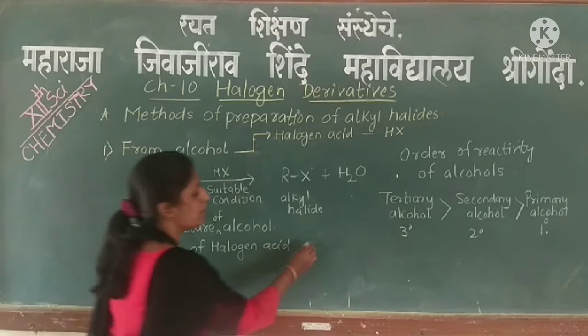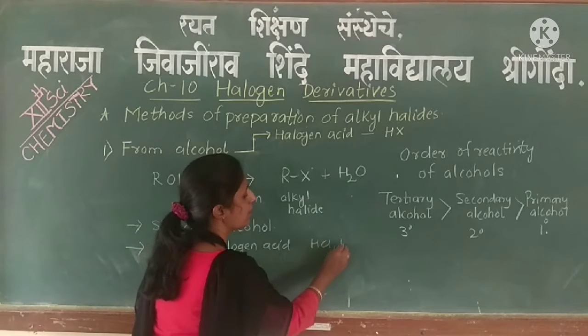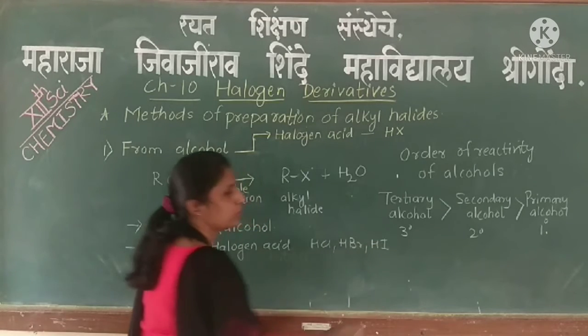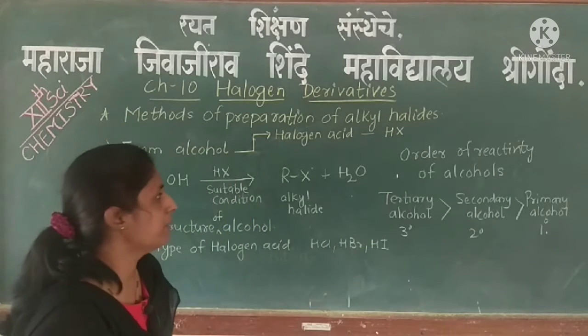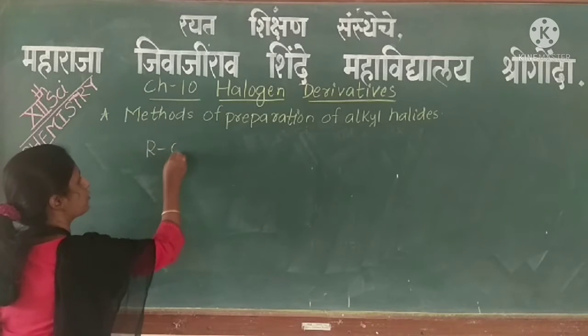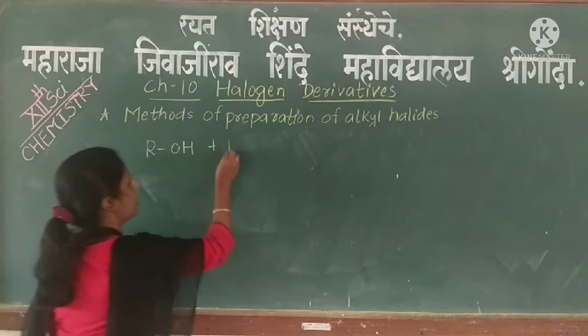Now let's study the second factor, that is the type of halogen acid. Type of halogen acid means whether it is HCl, HBr or HI. It depends on this also. So let's study one by one. Now let's see the preparation of alkyl halides from alcohol using HCl.